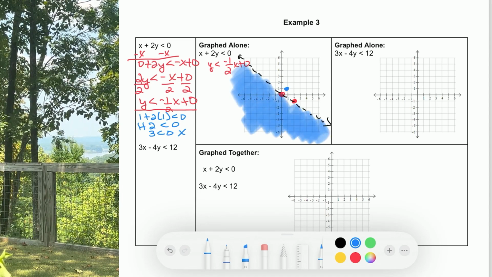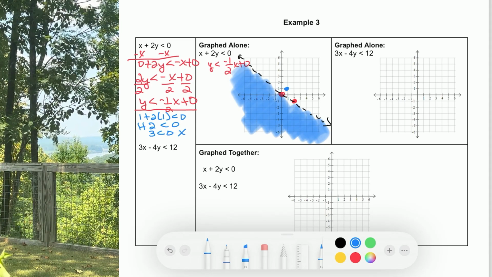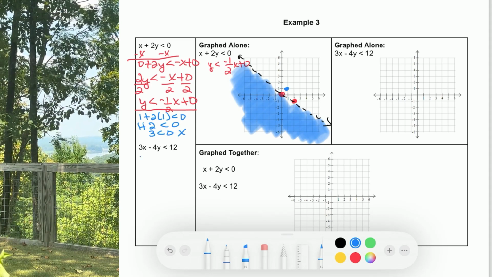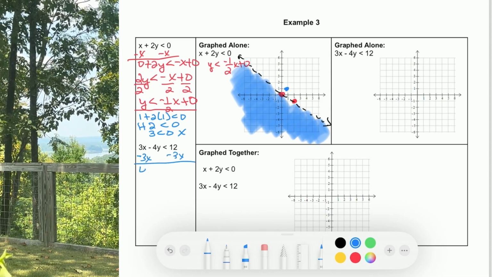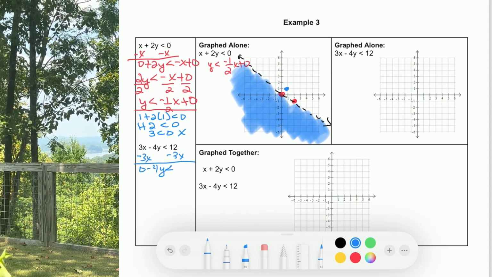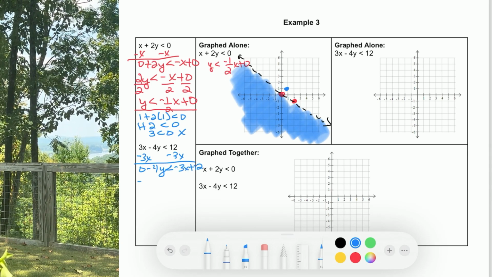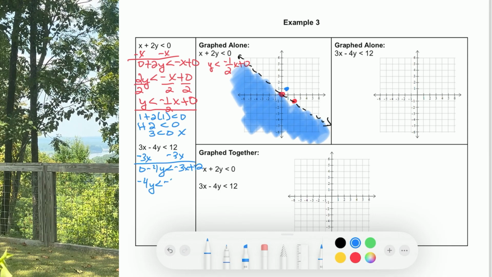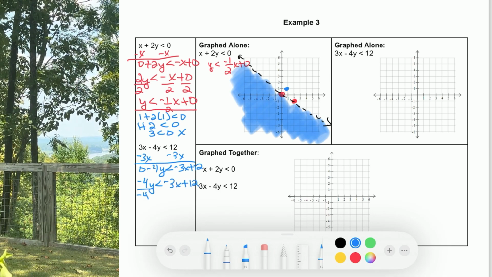So my shading is going to be over here. All right, let's look at our next equation. We have minus 3x, minus 3x. I get 0 minus 4y is less than negative 3x plus 12. Negative 4y is less than negative 3x plus 12. I'm going to divide everything by negative 4.